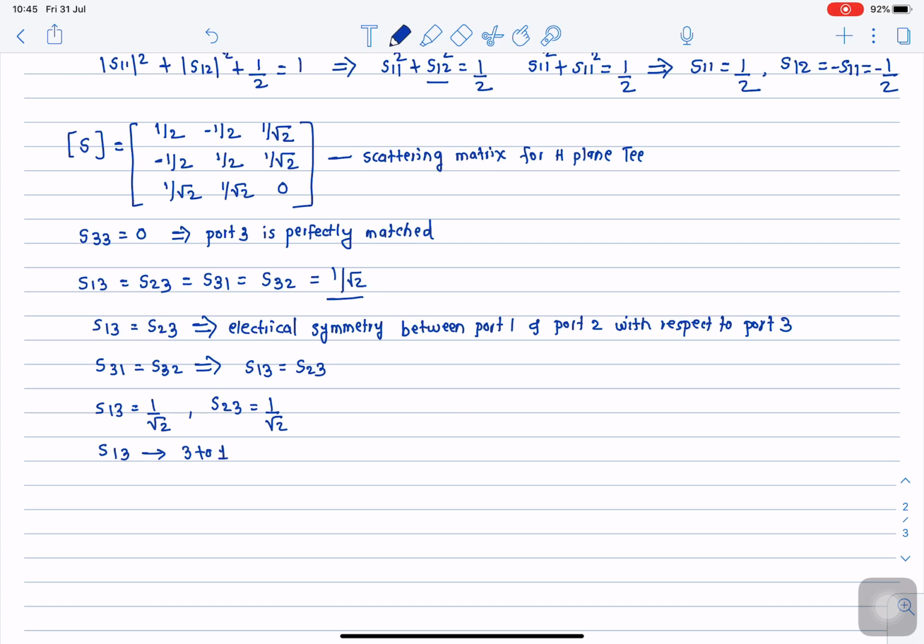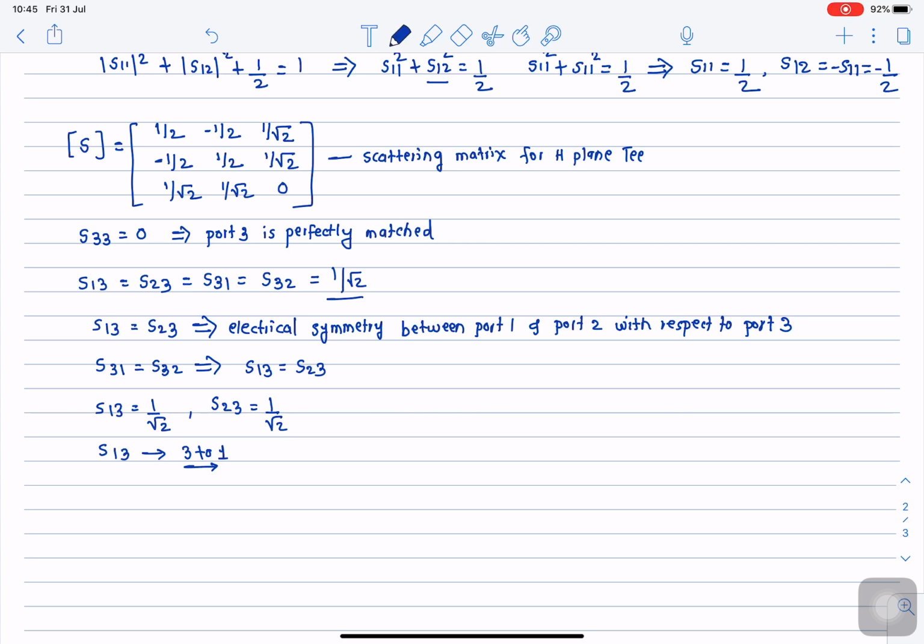While going from 3 to 1, the signal passing from port number 3 to port number 1, the coefficient is 1 by root 2. Actually it is the power quantity, and 1 by root 2, that is a 3 dB power quantity.